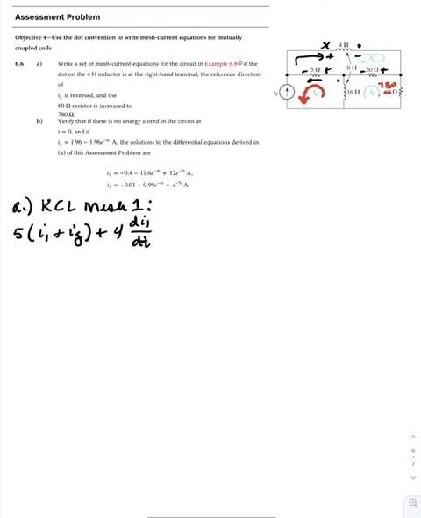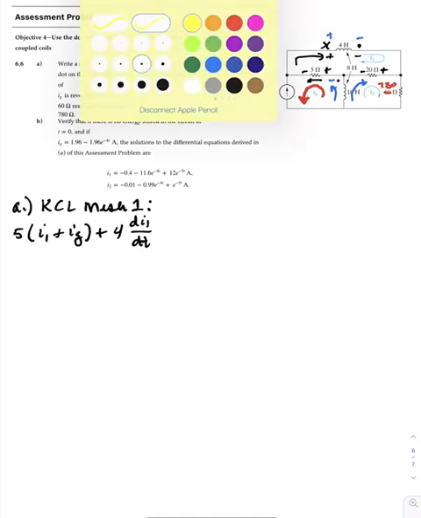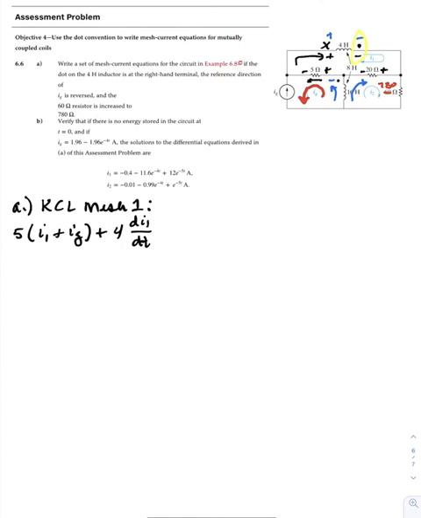All right, now the mutual inductance. Okay, so I sub g is leaving, and I sub 2 is also leaving. So if we put a minus here, then we'll have a minus here and a plus here. And the polarities align.